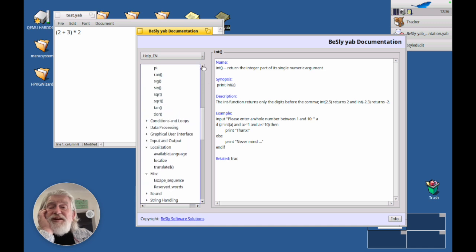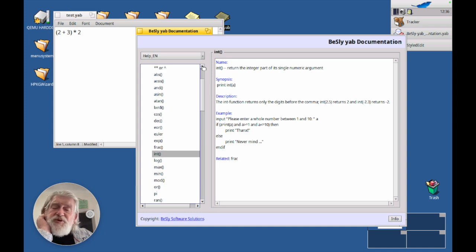Okay, so that is really how you do the math, or rather how you instruct a computer to do the math in YAB. Now, always make the computer do the actual work. Right, so remember I said before that you don't want to open a window that's taller or wider than your screen. Now, how do you do that?